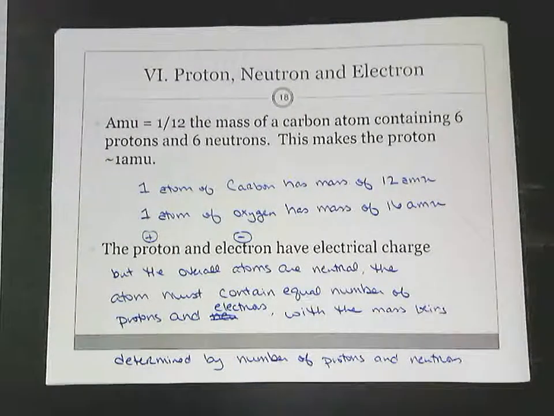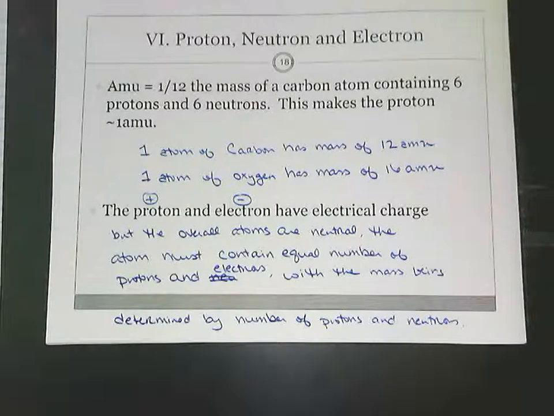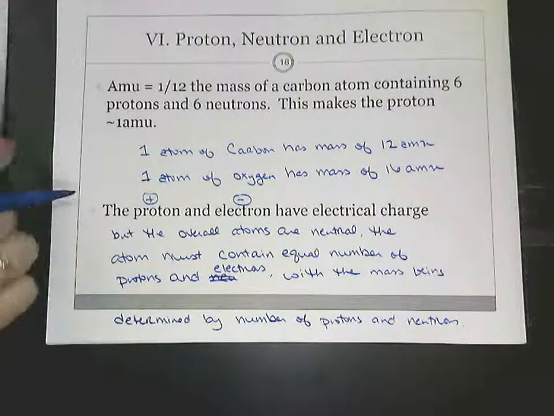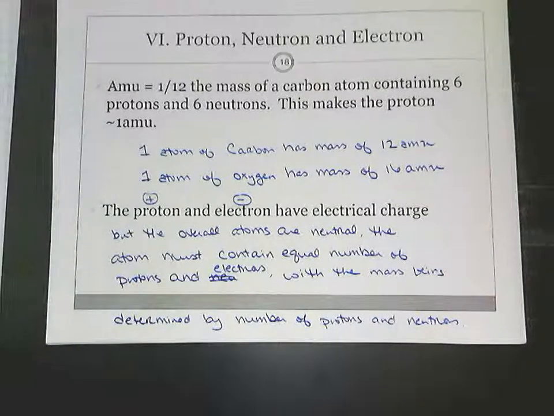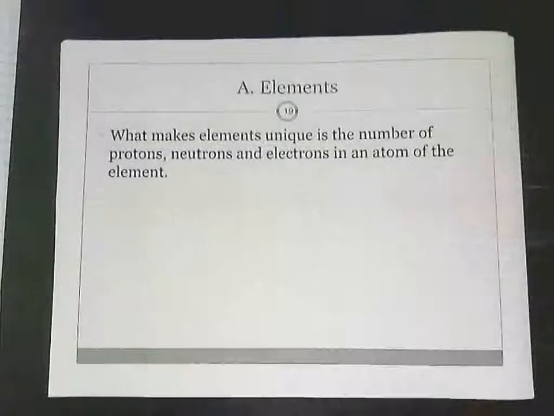So everybody's neutral for now, which means protons and electrons are equal. But if I know the mass tells me number of protons and neutrons, so we have 2 equations and 2 unknowns most of the time, so we can figure out the number of everything. So let's look at some elements in particular. What makes an element unique is the number of protons, neutrons, and electrons it contains.